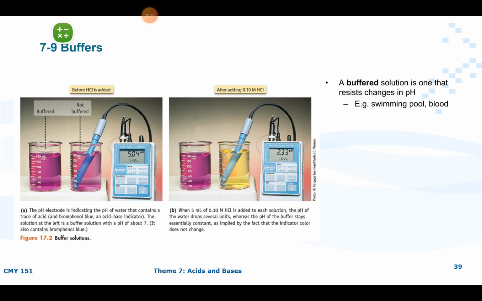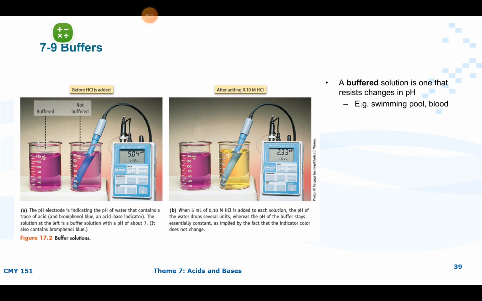So a buffer protects against pH changes. So for instance, on the left-hand side, we have a buffer solution, and the other one is not buffered, and we just see that this solution has a pH of about 5. Now we add 0.1 molar of hydrochloric acid.